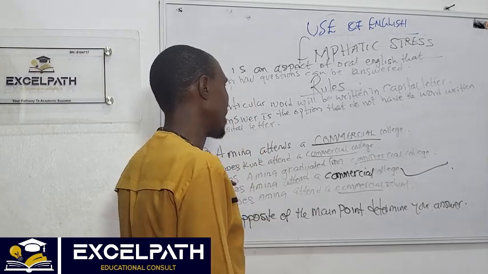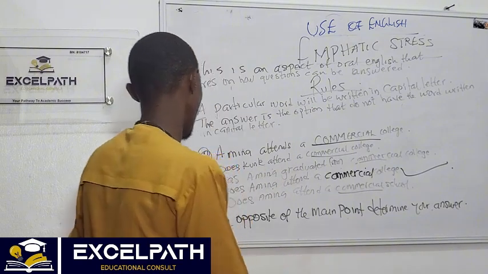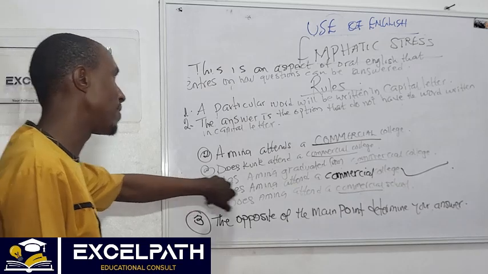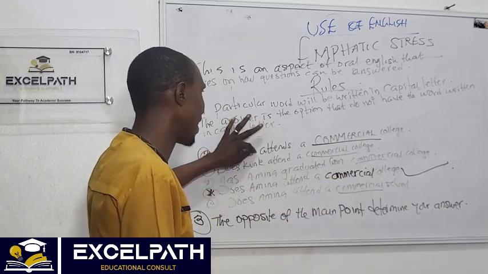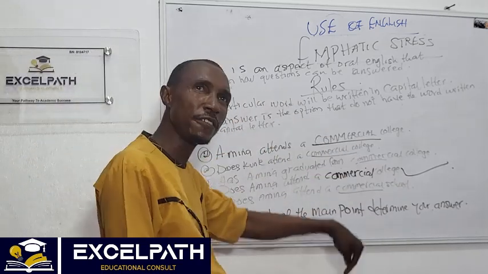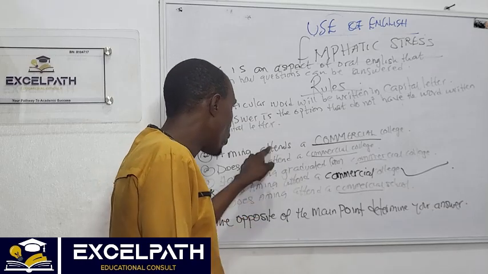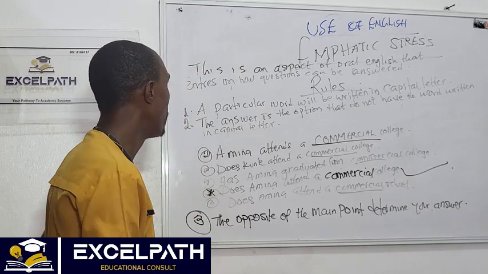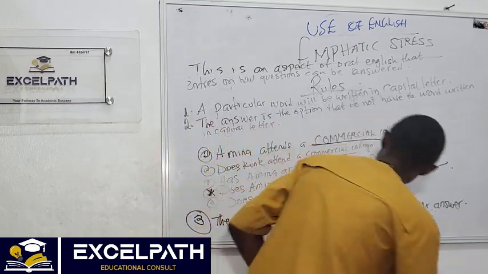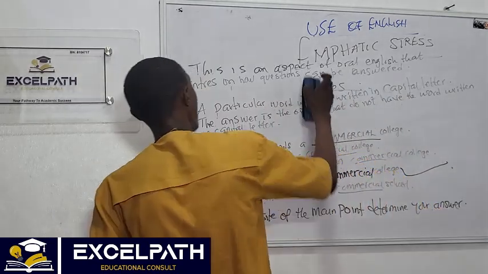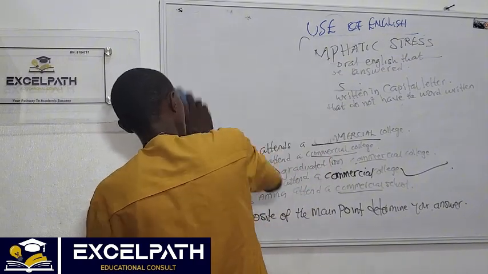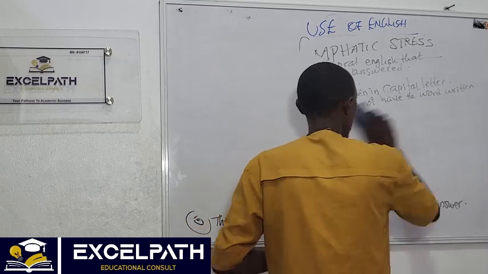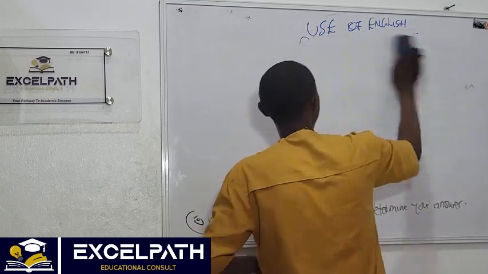She has not graduated. So the answer turns to option B. Everything has commercial, but she's attending it. She has not graduated from it. So that is the opposite there. That becomes the answer. But majorly, if you have been conversant with your past questions, principle 1 and principle 2 are enough to answer all the questions that you need.